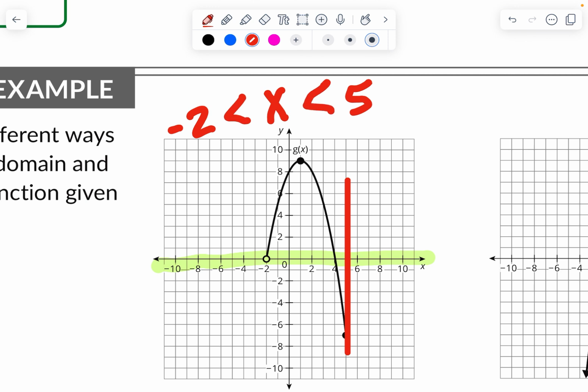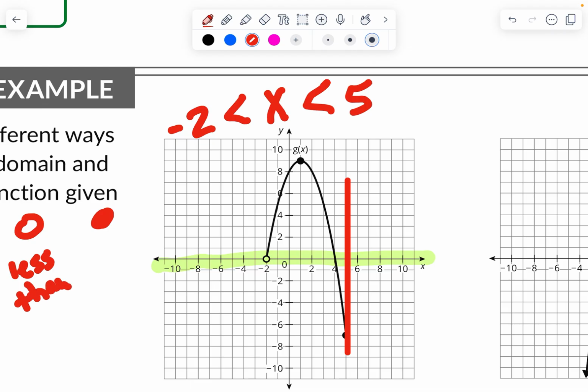But here's the deal. One of these has an open circle, and one of these has a closed circle. That open circle at -2 means that this graph gets right up to the -2, but it never actually touches the -2. So I'm simply going to say less than in my statement.